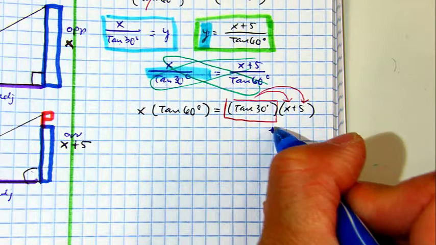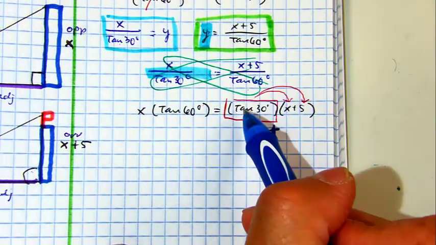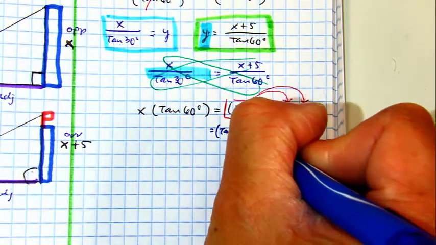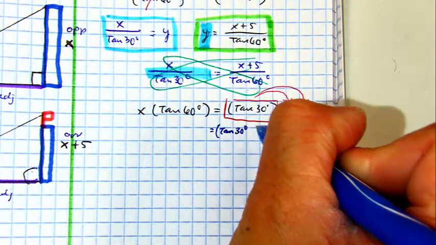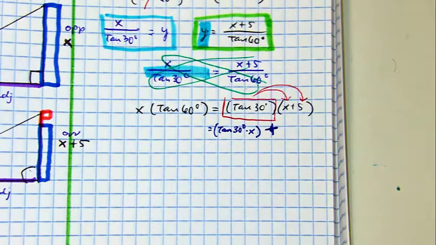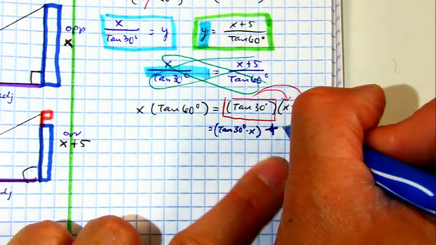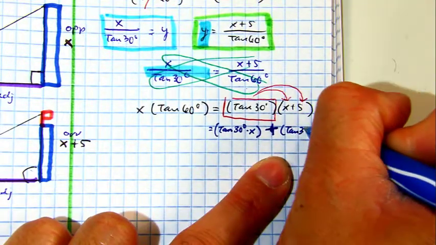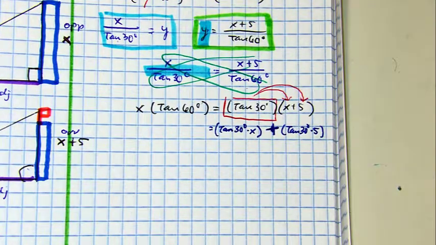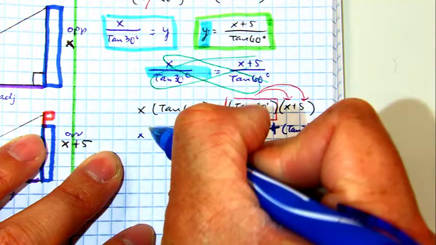The reason why I say that is a lot of students will have turned it into multiplication. Why? Tangent of 30 times x is tangent 30x. And tangent of 30 times 5 is tangent of 30 times 5. And over here I still have x tangent 60.